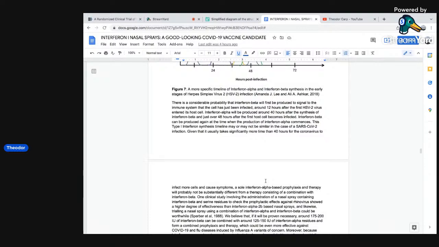So that's an important thing to add here, because it doesn't always happen that an intervention with interferon 1 can worsen the disease if it's administered later. But at the moment, we believe it's safe to say that it's only good for prophylaxis and early treatment.